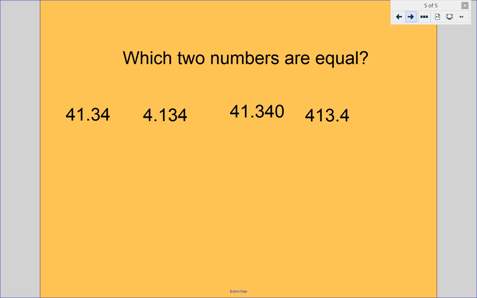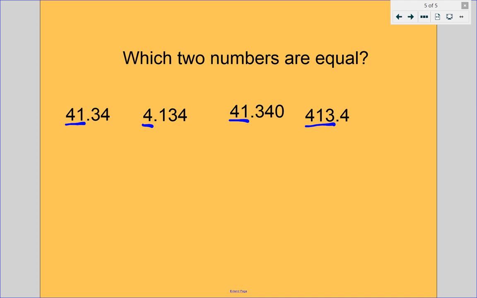Now, like I said, the first thing we want to do when we compare numbers is to look at the numbers before the decimal point. I have that before the decimal point, that before the decimal point, there, and there. So if I look at what's before the decimal point, I have 41, 4, 41, 4, 13.